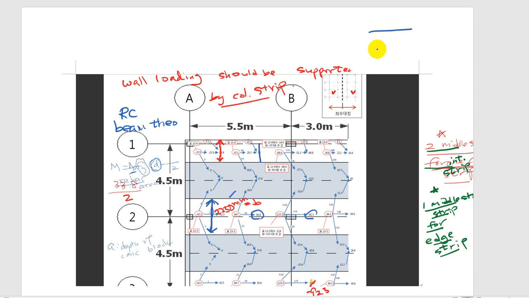This is the end of the slab edge, and we have a column. In the mid section we have this 100 given for wall installation, and here this is column b divided by 2. The column is 300, b is 300, so this is 150. So the width here is 250 millimeter.